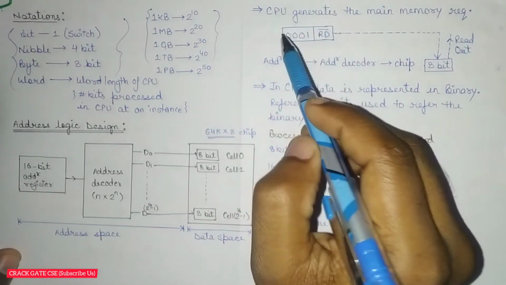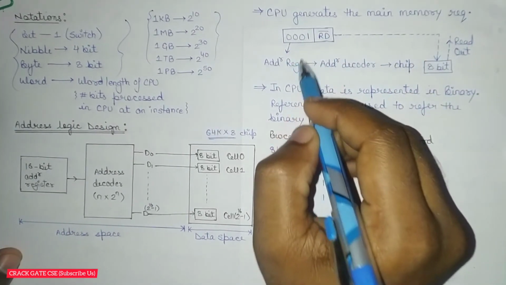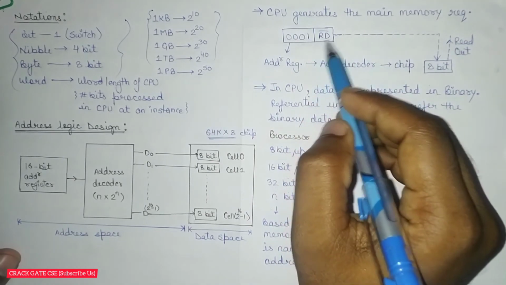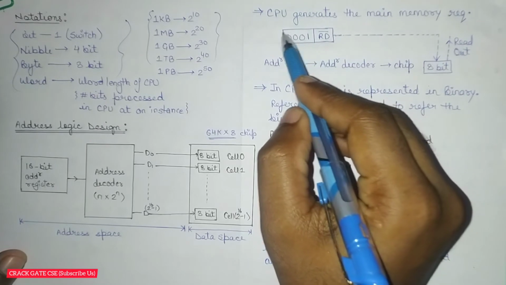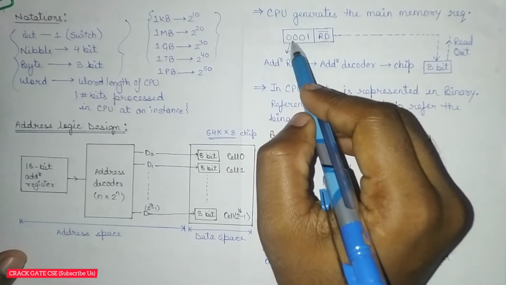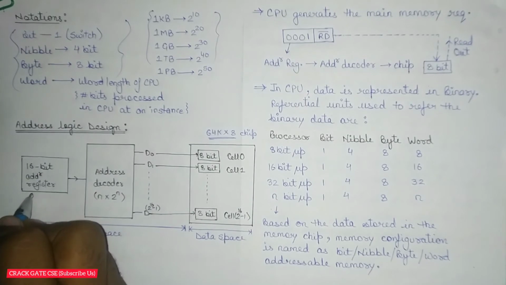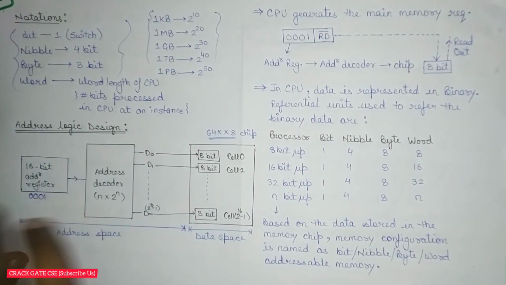How? Let's see. The CPU generates the memory request like this. So this is the request 0001 read, right? That means we have to go to this particular cell, enable this cell, and read the data which is written over here. So initially what will be there? 0001. This address will be by default present in the address register.